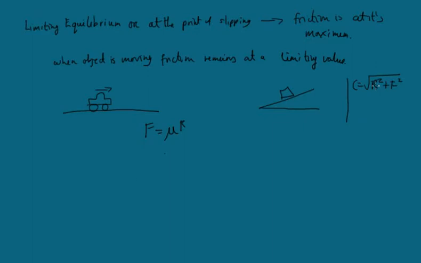Now, if an object is moving, it is accelerating, so say we've got our car again. That's a terrible wee car.